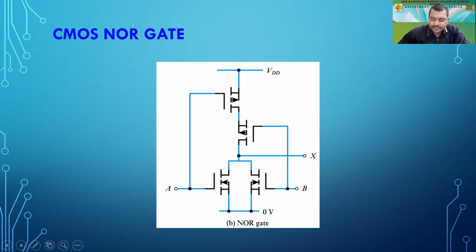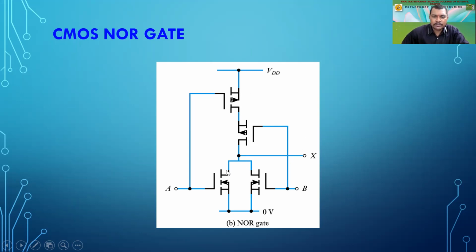Now how does it work? Okay, again we'll start with 0 0. When we give 0 0 to these terminals, what happens? When you give 0 0, then these two transistors on the upper side will be on. So both the transistors are on, then this VDD will come across this point, and this X will become high.